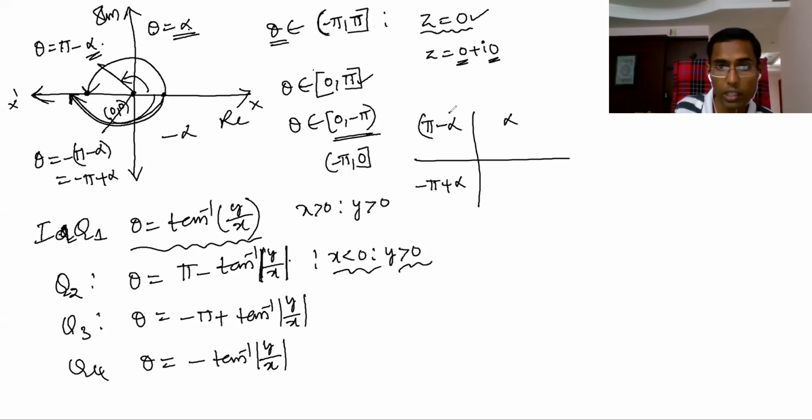If this one is 135, the other becomes minus 135: same angle but in the negative direction. So the opposite angle is the negative of it, in the third quadrant, minus alpha. The first and fourth quadrants are conjugate to each other, and the second and third are also conjugate to each other.